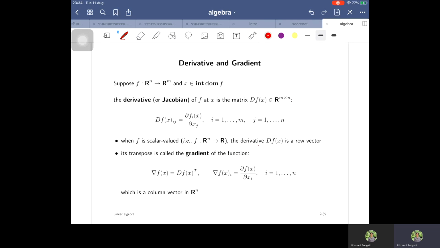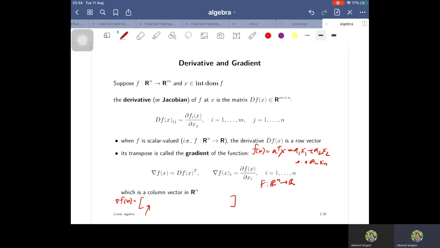Now let's see a simple example. If your f of x is A transpose x, this is a scalar valued function. Your f maps from Rn to R. Of course, your Jacobian matrix would be 1 by n.